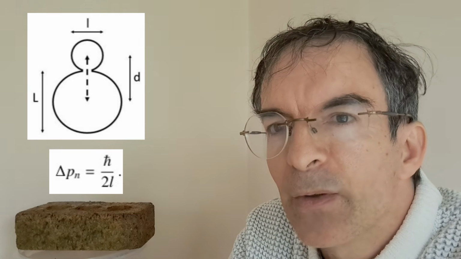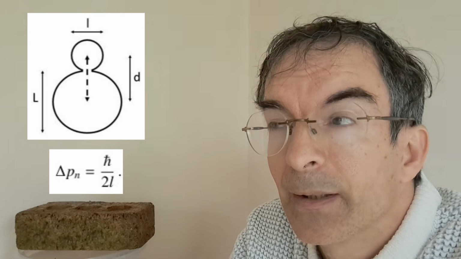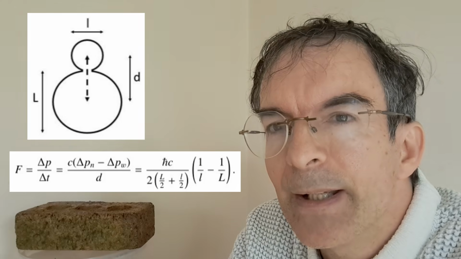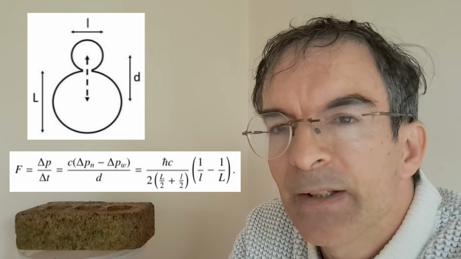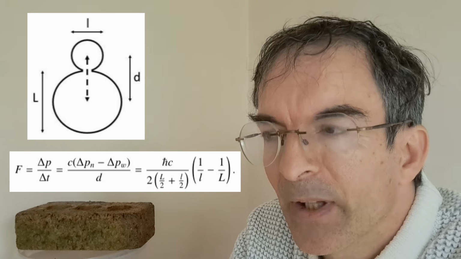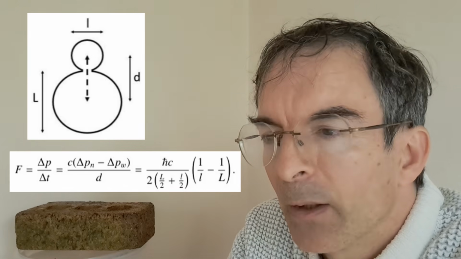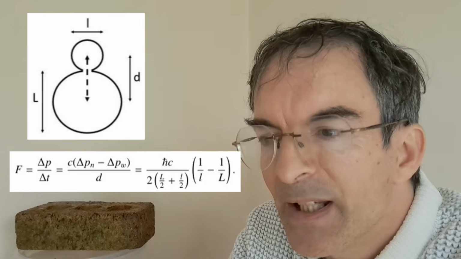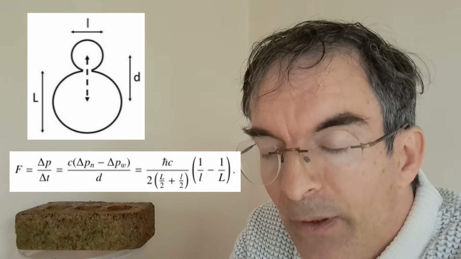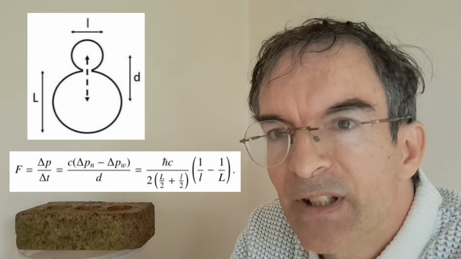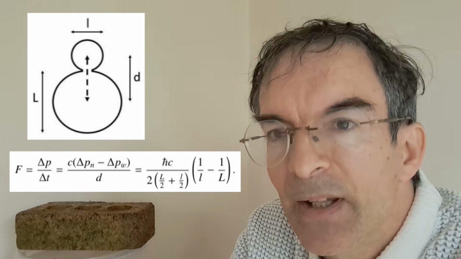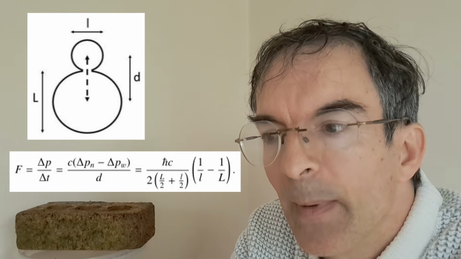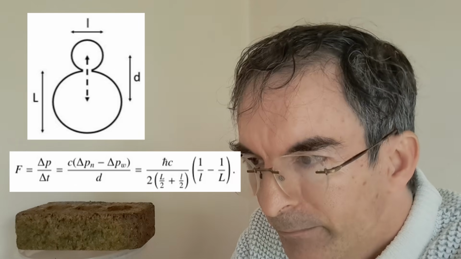And then the force you get from this gradient in the 0-point field that you've induced by the structure is given by the force is dp by dt, where c is the speed, so the uncertainty in time is d over c, and the uncertainty in momentum is given by the difference between the momentum in the narrow end and the wide end.